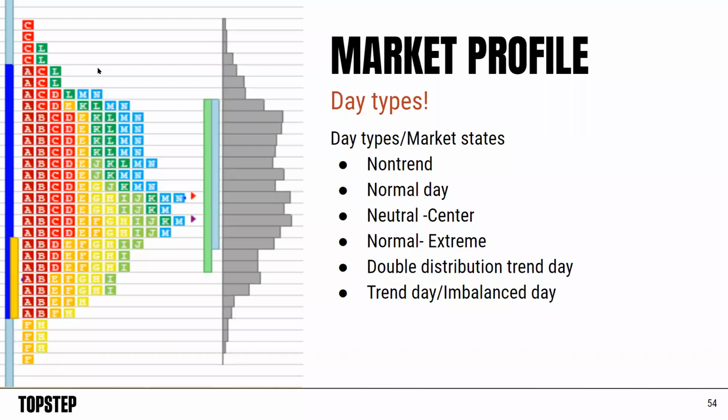A normal extreme day is a day where you may find a long liquidation day, which will usually have a B-shaped profile. A short covering rally is going to be a normal extreme day with a P shape to it.